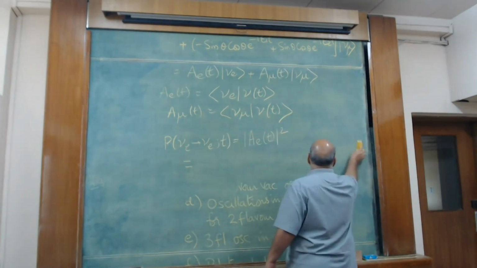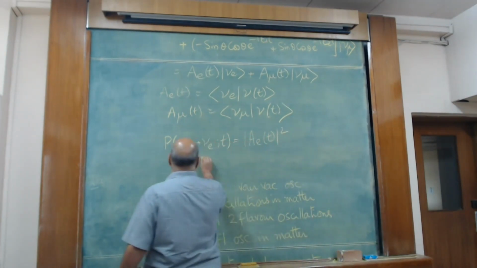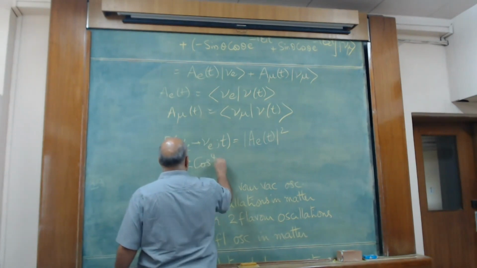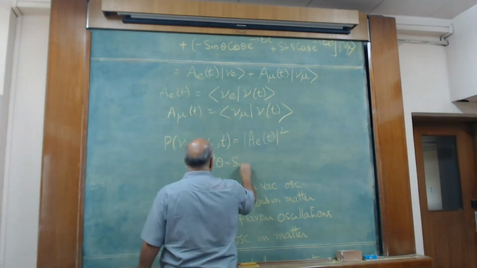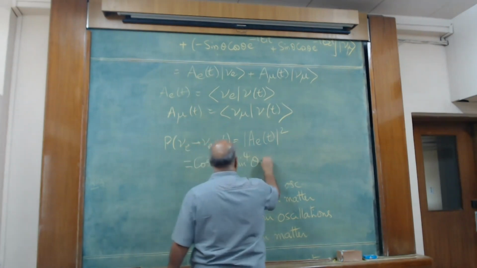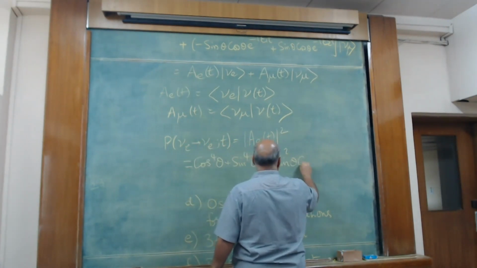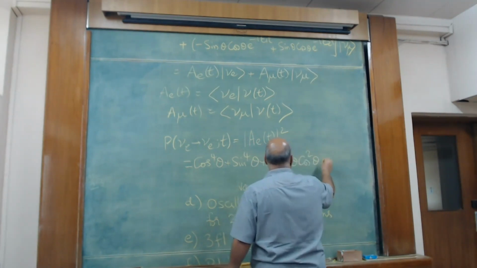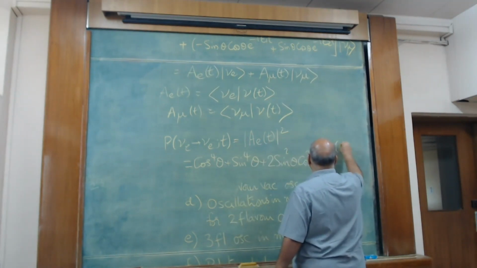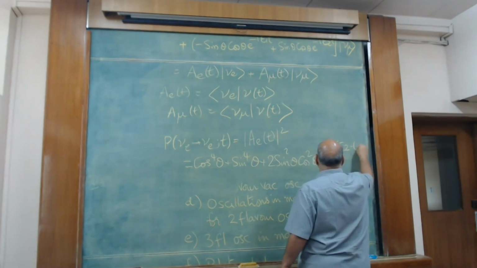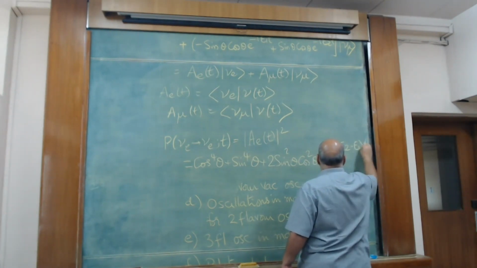Clearly, cos power 4 theta plus sin power 4 theta plus 2 sin square theta cos square theta e power minus i (E2 minus E1) times t.